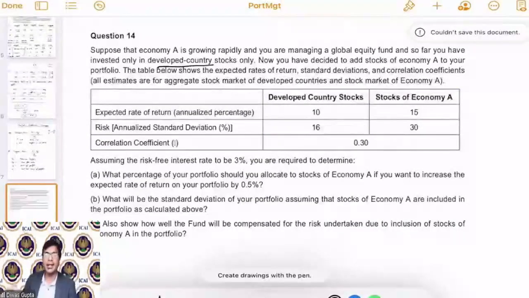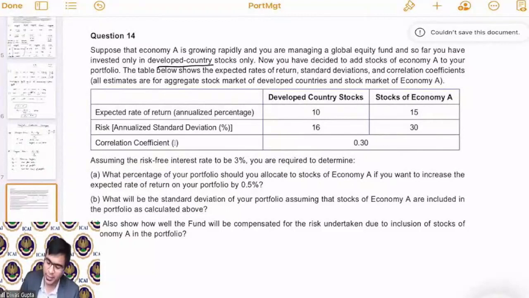So currently we are investing in developed country stocks. Now I've decided to add the stocks of economy A to your portfolio, which is okay. The table below shows the expected rate of returns, standard deviations, and correlation coefficients.